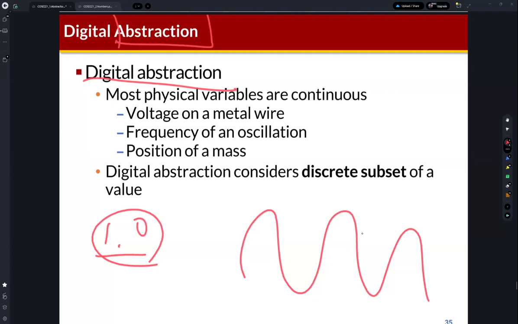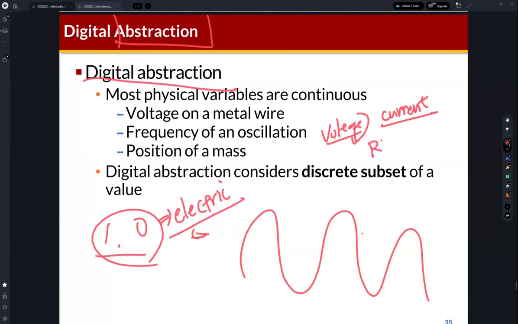Another part is that these are electric devices, which means that we need to build electric circuits using voltage devices like a voltage source, current level, and RLC: resistance, inductance, and capacitance. These are required components for building electric circuits.